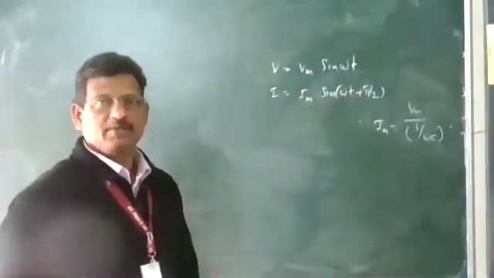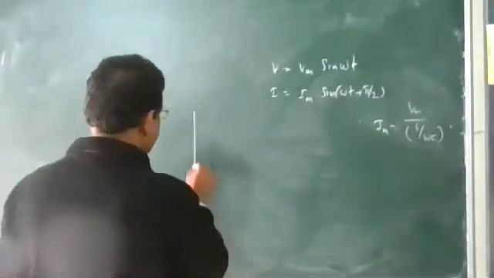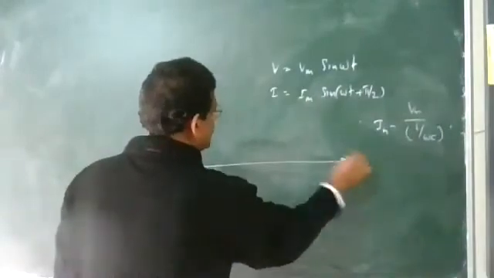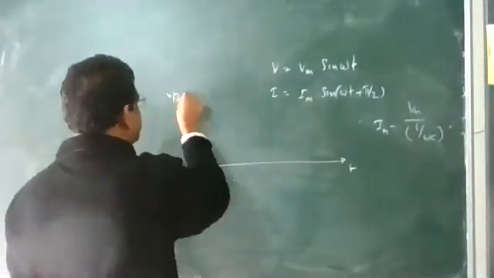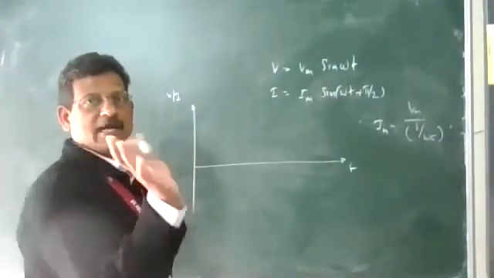Now we are plotting the graph between voltage and current. We draw voltage and current on a single diagram, that means draw separately and superimpose.